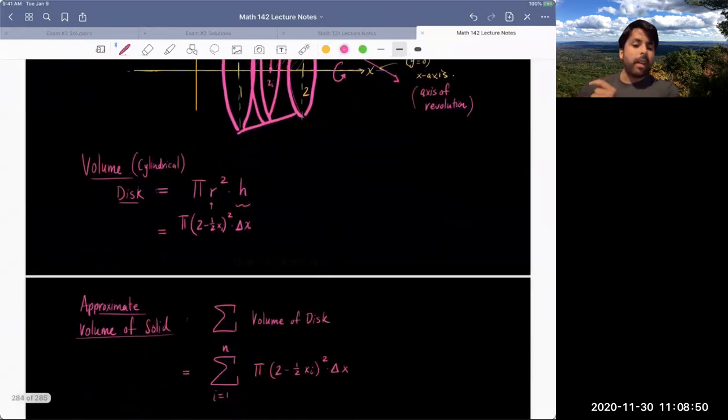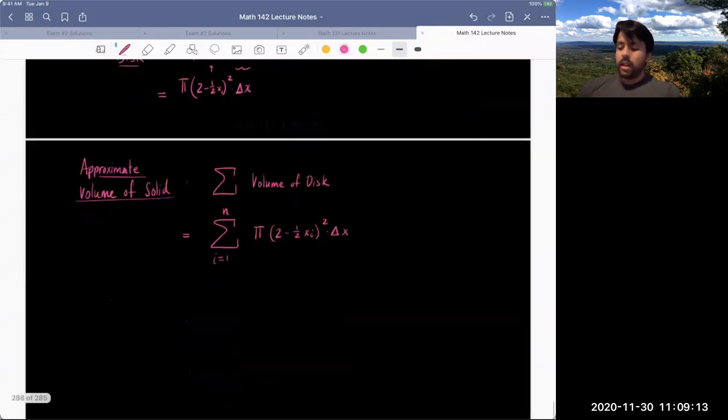And what's the idea? As n gets infinitely large, meaning that as the number of disks goes to infinity, which would signify that the thickness of those disks becomes thinner and thinner, the approximated volume approaches the actual exact volume.